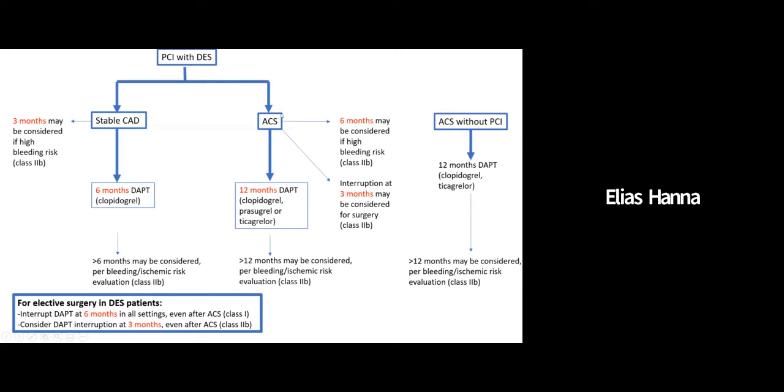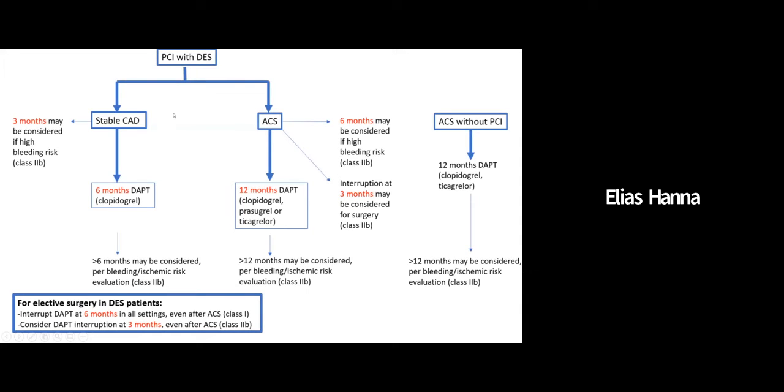Now, if you're ACS, STEMI or non-STEMI, the class 1 recommendation is for 12 months of any of those three. And as I mentioned, they give preference to prasugrel or ticagrelor. Then you can do less than 12 months, you can do 6 months if high bleeding risk or need for surgery, but they give that class 2B.